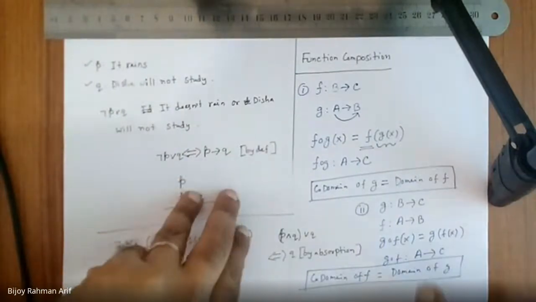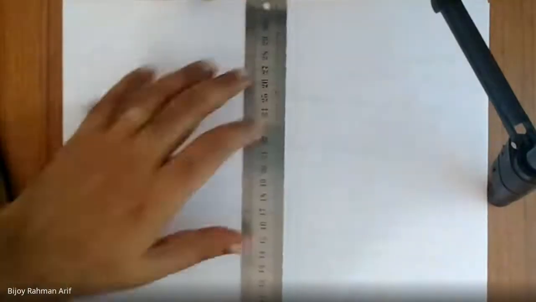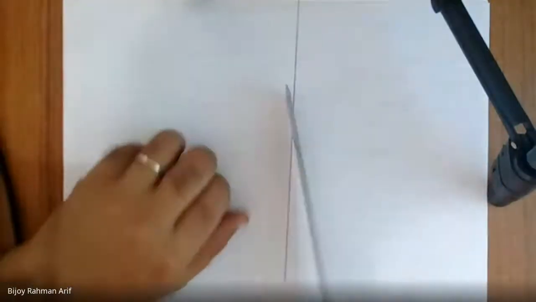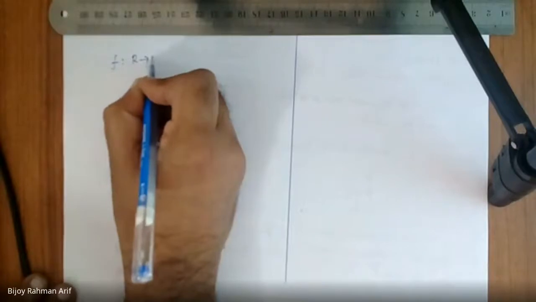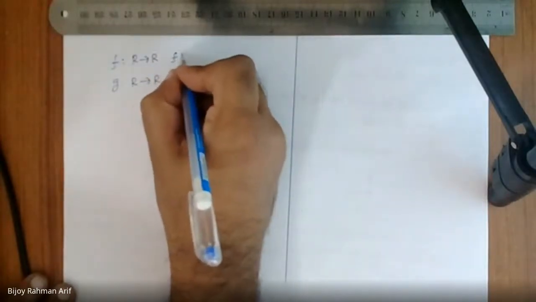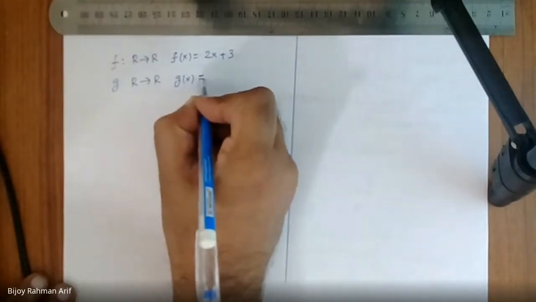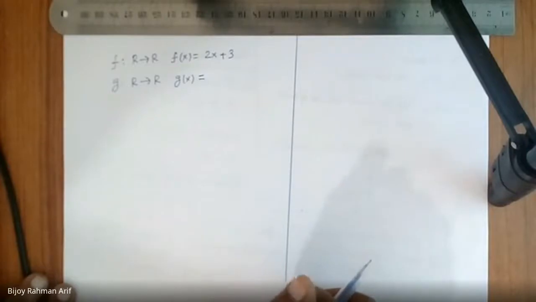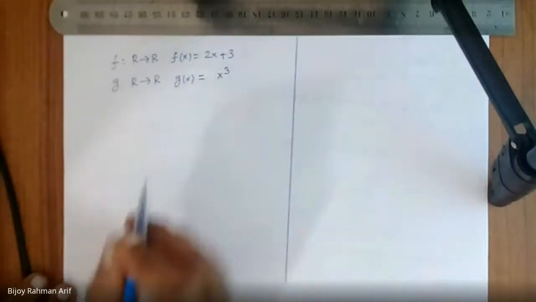So let's give you an example. Let's assume my function f is from R to R, and g is also a function from R to R. f(x) is equal to 2x plus 3 and g(x) is equal to x cubed.